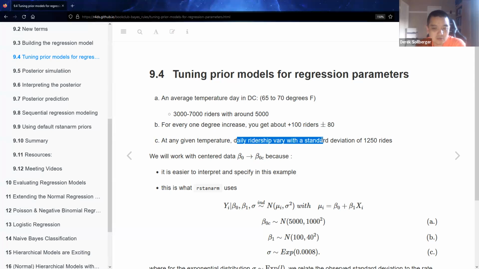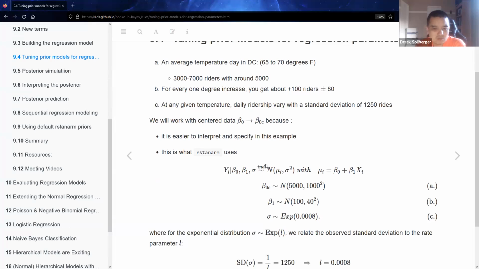And the daily ridership has a standard deviation of about 1,250 rides. There's also another careful inclusion of notation here. We work with centered data because it's easier to interpret. And the R package, rstanarm, also uses that in mind.